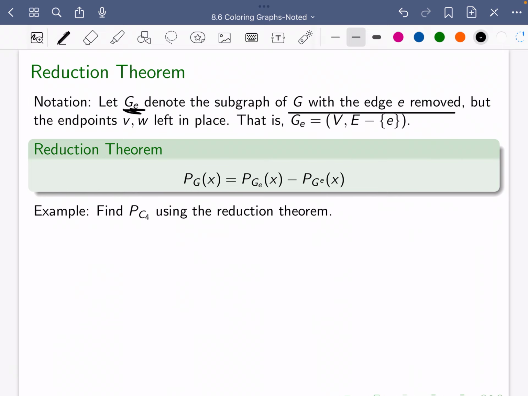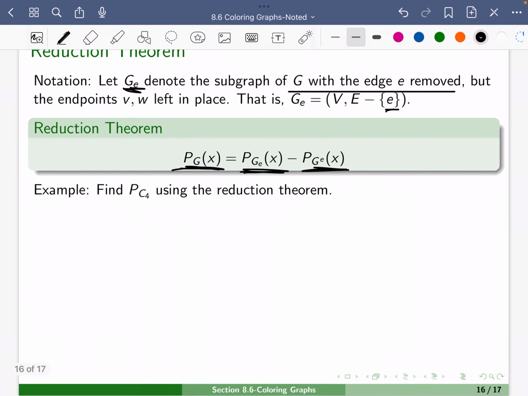It is the same as our original graph in every way except for that single edge has been removed. And so if we were to look at our chromatic polynomial, it's the chromatic polynomial of that subgraph with E removed, minus the chromatic polynomial of the quotient graph on that same edge.